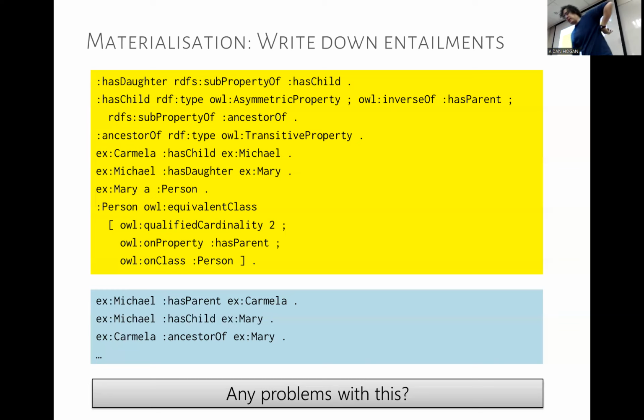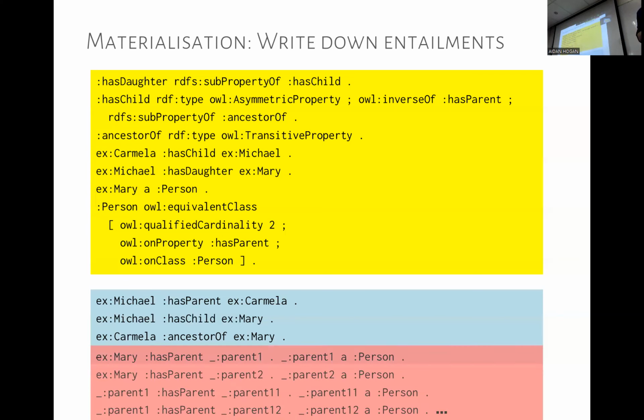The reason it can be infinite is because, for example, here we say that a person is equivalent to the class of things that have exactly 2 parents that are people. So what does that mean? Mary is a person. What does a person need to have? 2 parents.